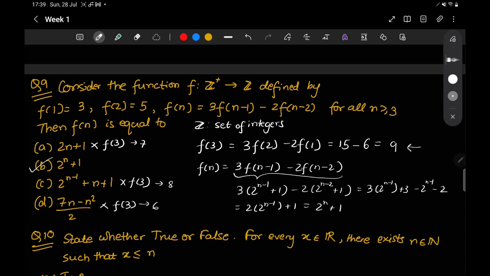So that means everything is consistent and it is true for these 3 special values also that we saw. So the correct option is obviously option B.